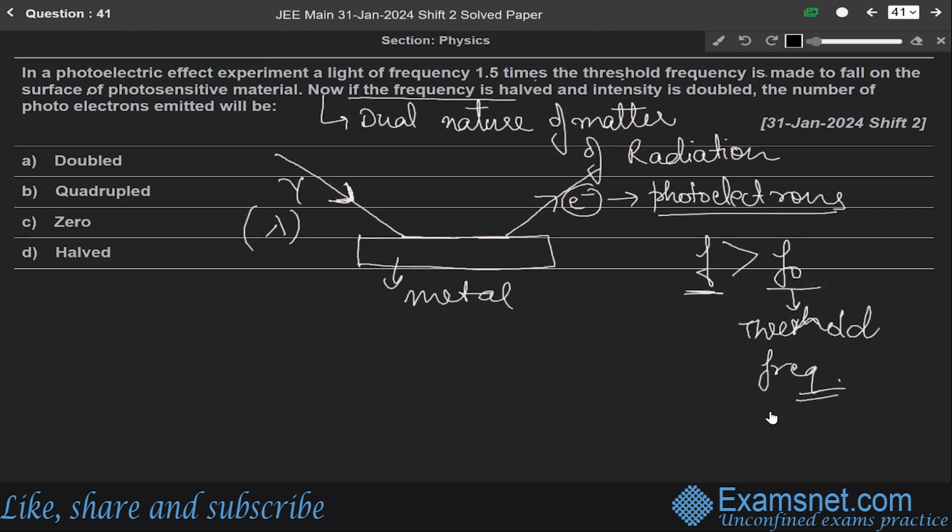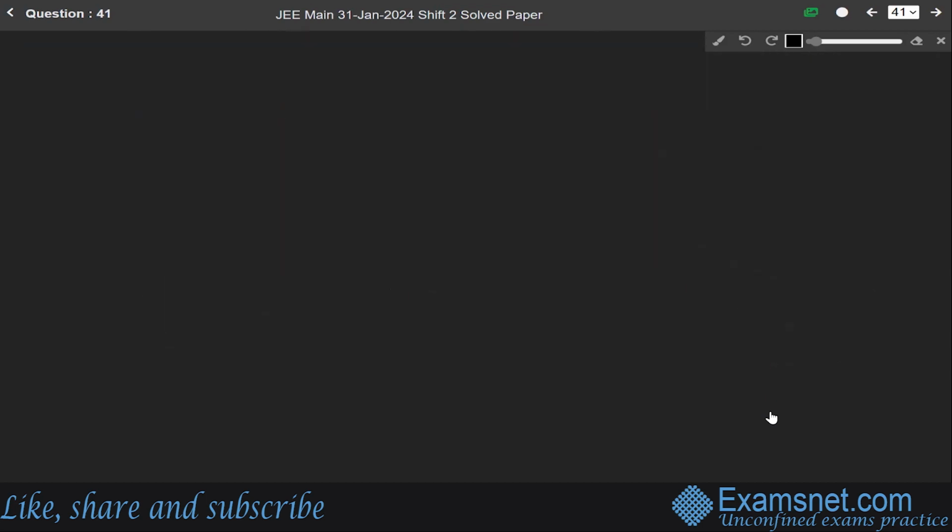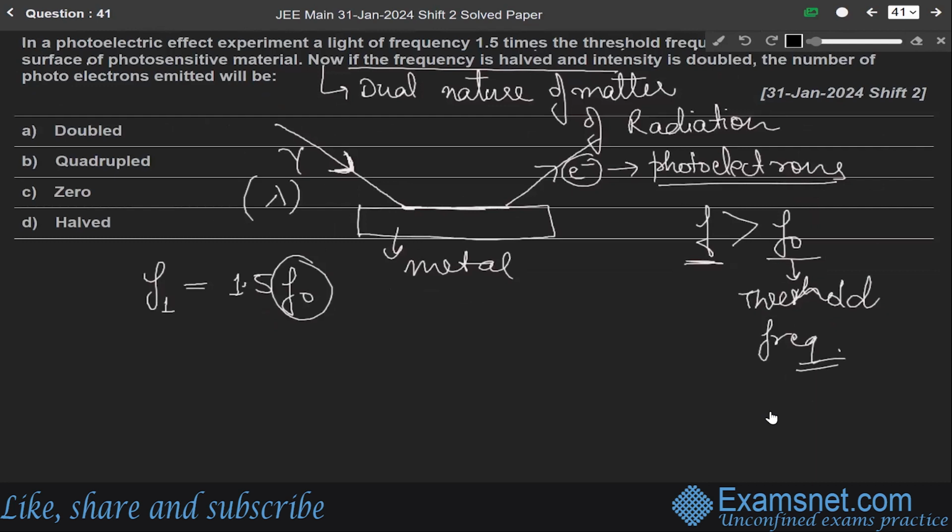Now, if the frequency is halved, since it is saying that the light incident on the surface of the metal has a frequency, let us say f1 equals 1.5 times f naught. F naught is the threshold frequency.